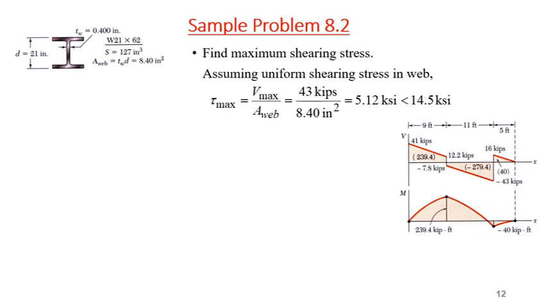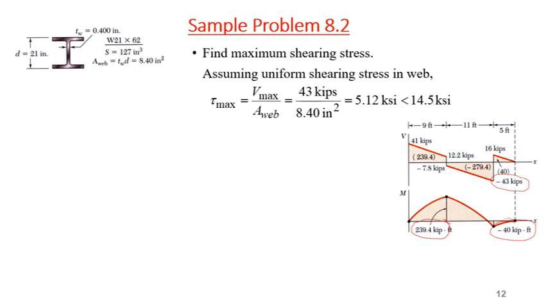If you look at the value of bending moment, the maximum bending moment on the system is M max, but at 43 kilopound, this is 40 kilopound per foot, and that's why we are not considering the bending stresses at that location.